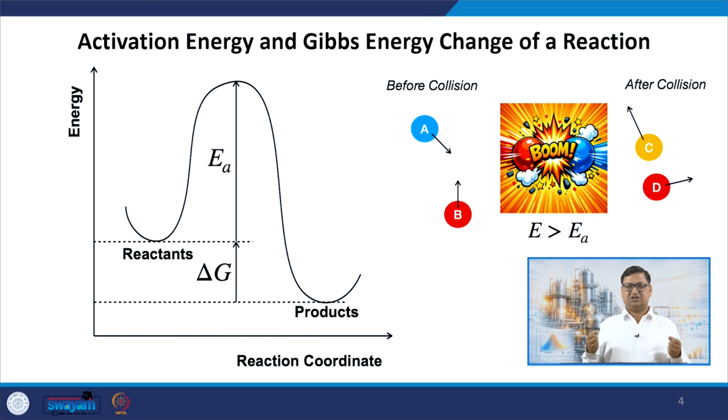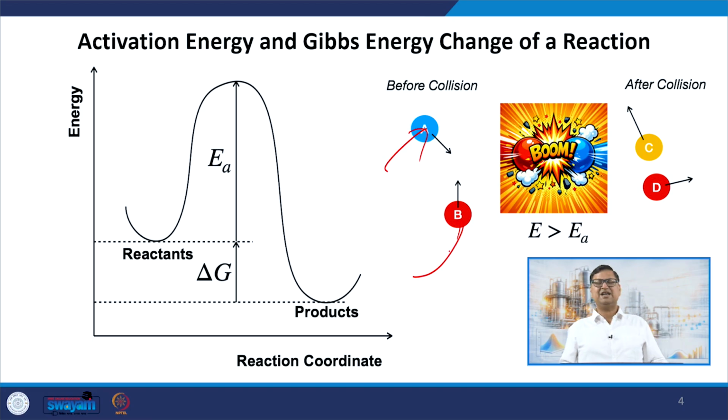and after collision, of course, they exchange momenta, but this collision process may result in high energy because of the kinetic energy of the collisions, right? And this energy can basically transform these molecules, which is now what I call reactants, into some products, right?